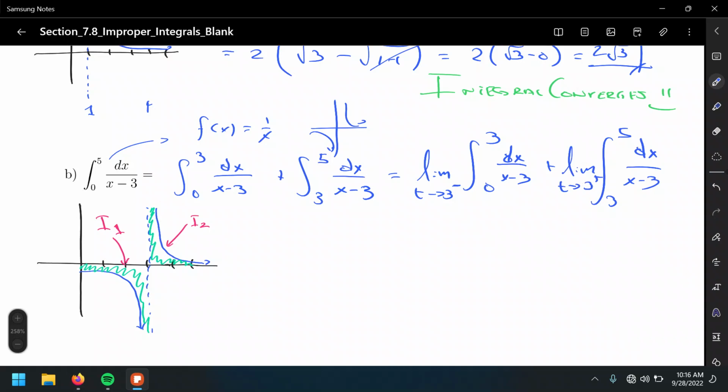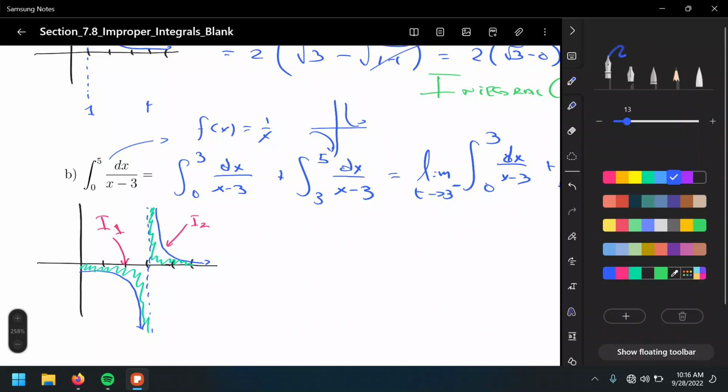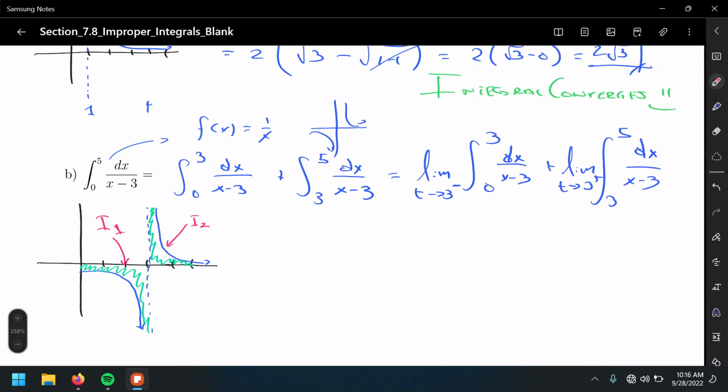Alright, other than that, I think this is going to be the usual integration rule. So number one, let's do one of the integrals. Let's call these again I1 and I2. So let's evaluate I1 first.